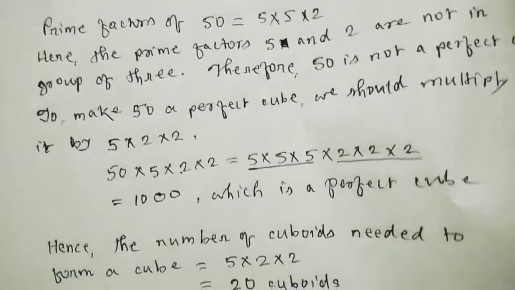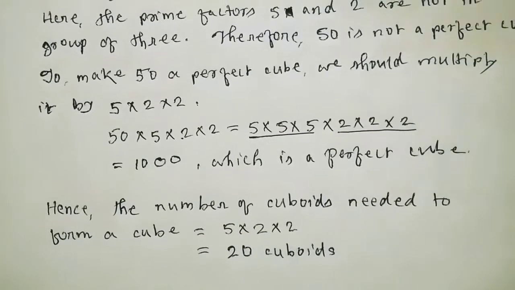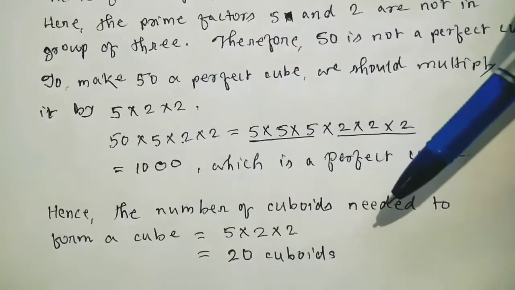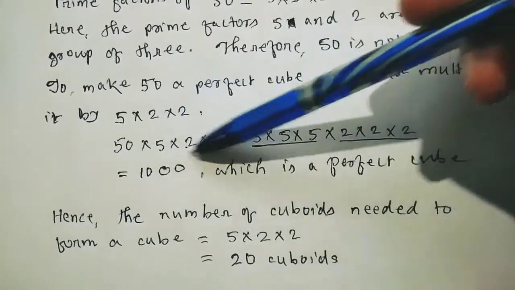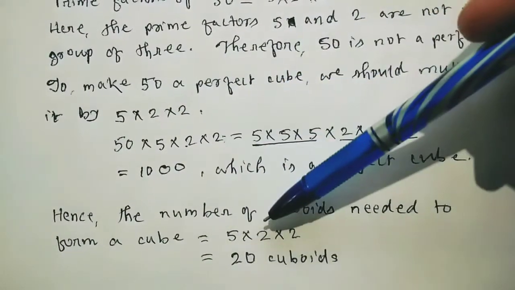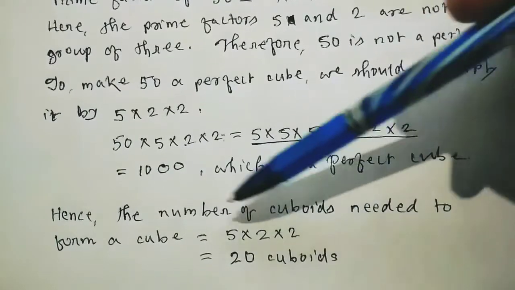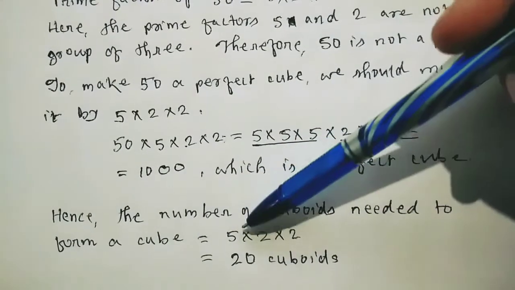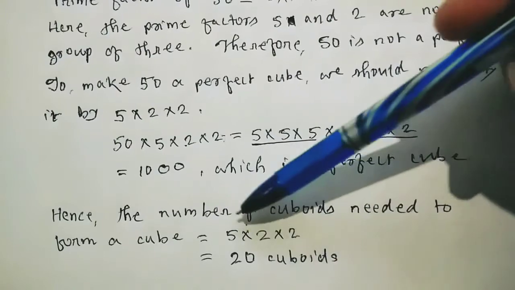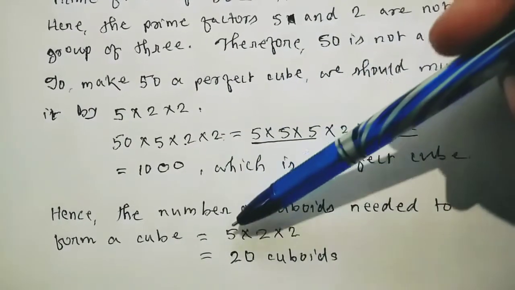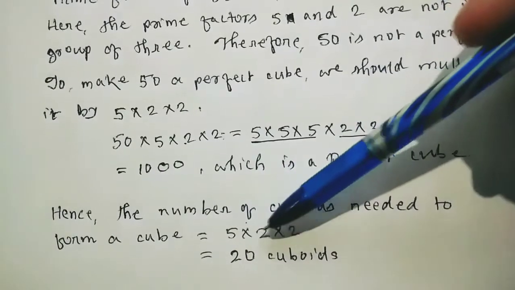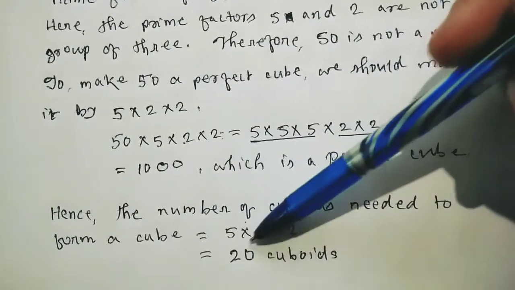So at last what you need to find is the number of cuboids. So the number of cuboids needed to form a cube is equal to what? This number, whatever you have multiplied here, that will be your answer, because by this number you are forming a perfect cube. So 5 into 2 into 2. These numbers you have multiplied to make a perfect cube, so this number is the number of cuboids. 5 into 2 into 2 is what? 5 twos are 10, 10 twos are 20.